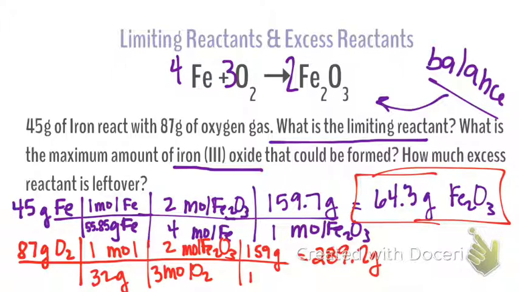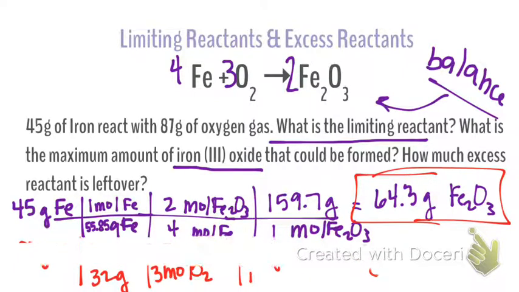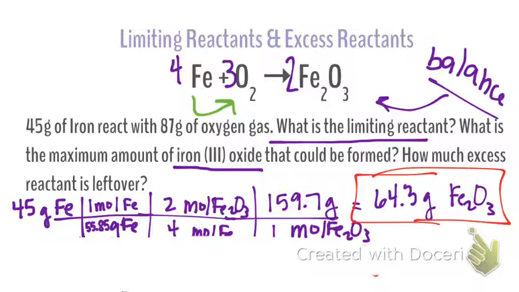Here's how we do it. We look for a T-chart that goes from our limiting reactant. So I'm going to get rid of this bottom one down here. We're going to go from our limiting reactant to our other reactant, and this one would tell us how much oxygen gas is used. This one's going to tell us how much we use, and then you subtract. So we're going to go from 45 grams of iron.